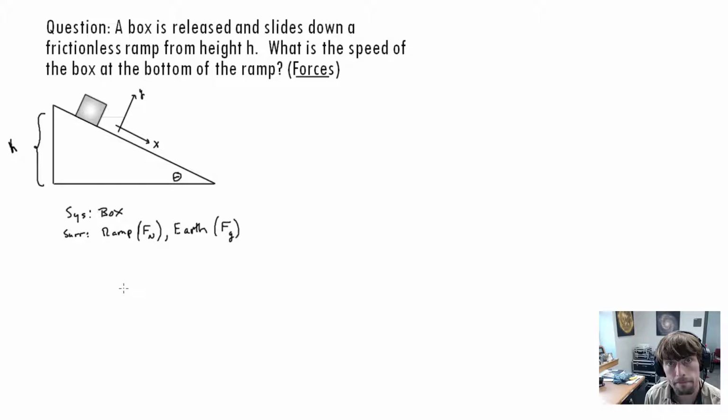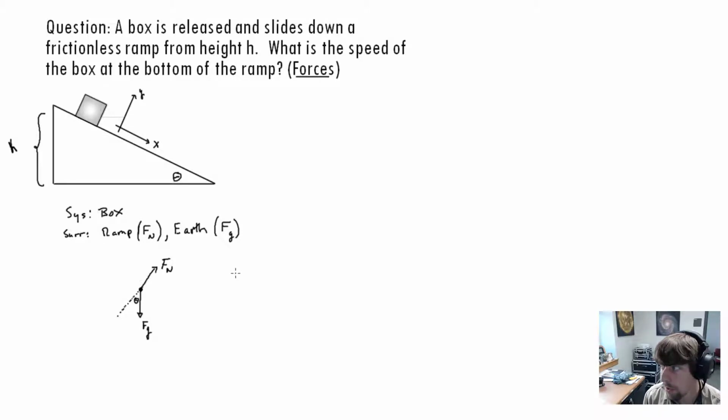Okay. And free body diagram. Best drawing ever. There's my box. Normal force is something like in this direction. Call it Fn. And our gravitational force is somewhere in this direction. We'll call that Fg, keeping in mind, of course, that this is still angle theta. Good?